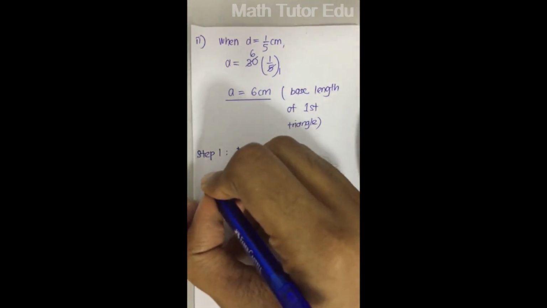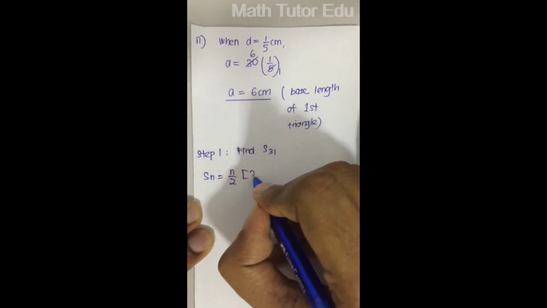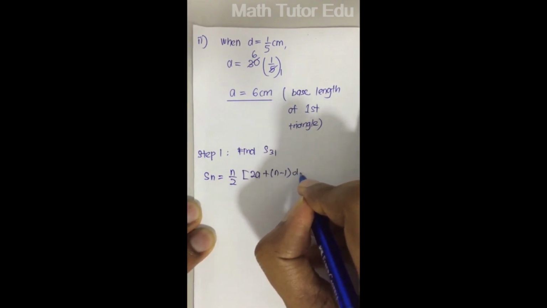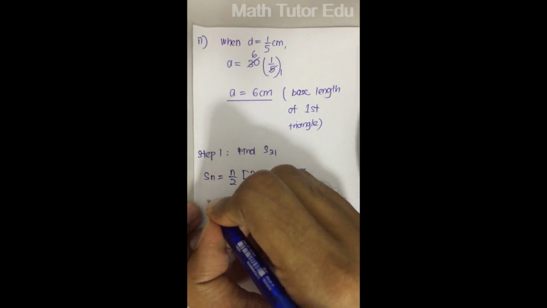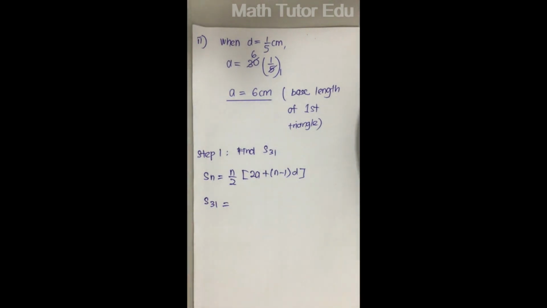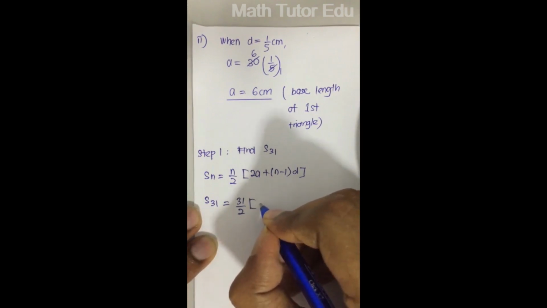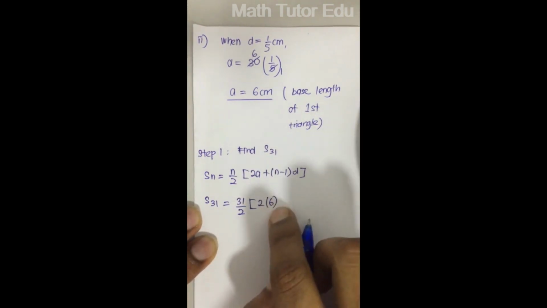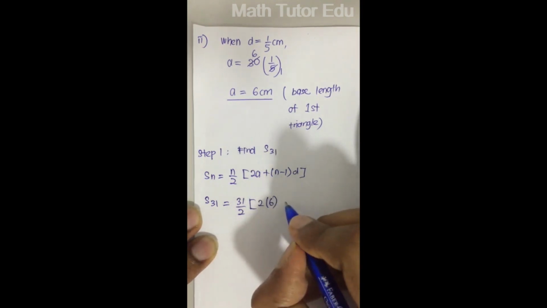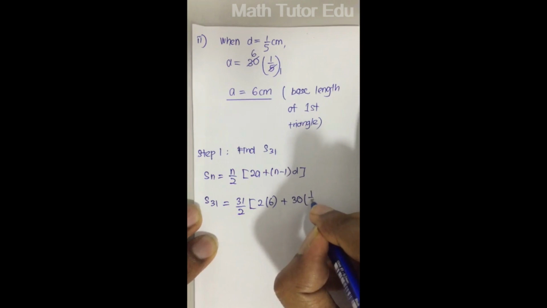So from here, given that Sn is equal to n over 2 in a bracket, 2a plus (n minus 1) d, close square bracket. So S31, which is the summation of the length of the base of the triangle, is equal to 31 over 2 times (2 times 6, where 6 is the base length of the first triangle, plus 30 times 1 over 5).